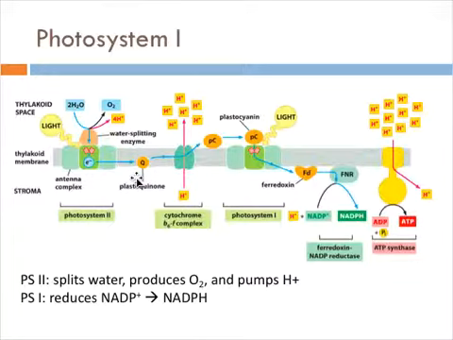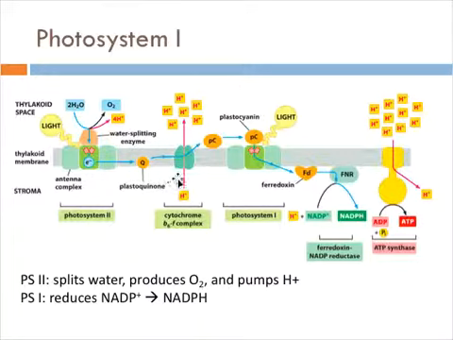Where do we replace our electron in photosystem 2? From water. That's going to release hydrogen into the thylakoid space and the oxygen that we breathe. That electron is ferried across using plastoquinone to the cytochrome B6F complex. That is a proton pump, and it pumps protons into the thylakoid space, setting up the proton motive force that ATP synthase can use.